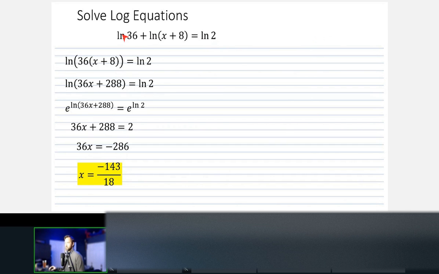Then type in natural log 36 in parentheses plus natural log negative 143 over 18 plus 8 in parentheses, hit enter, and make sure that decimal matches the one you just wrote down. And if it does, the answer is correct. Yeah, always check your answers.